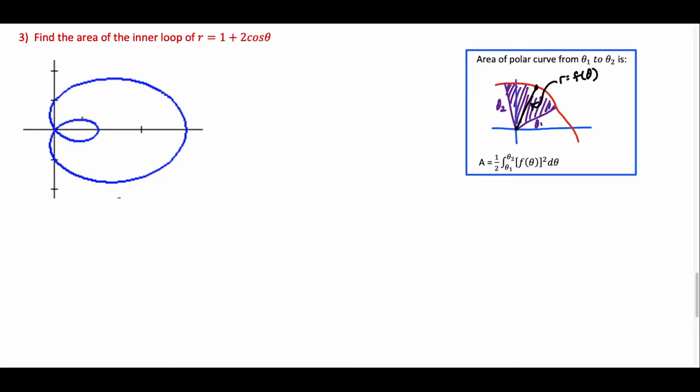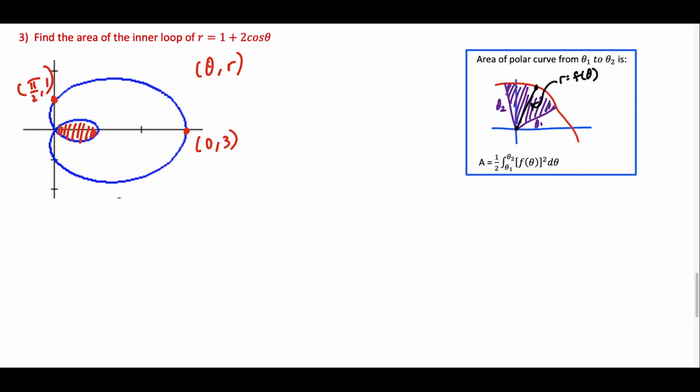Okay, so here's our curve, and we want to find the area of just this piece here. That's our goal. So remember before, we said that the best angles to plug in are theta equals 0. When we plug in theta equals 0, if we write our coordinates in terms of theta and then r, we have 0 and then a radius of 3. And at pi over 2, cosine pi over 2 is 0, which explains why we have this point here: pi over 2, and our radius is 1.